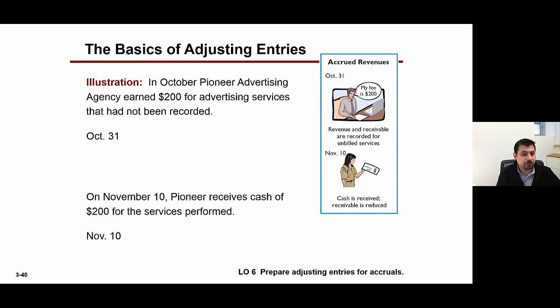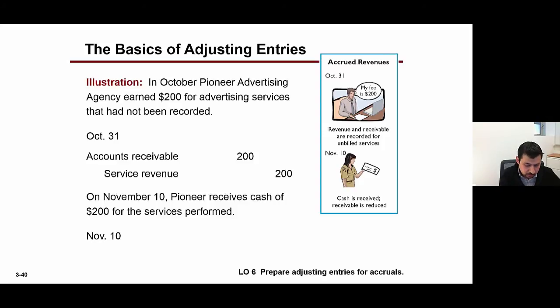Because they provided the services, they earned those $200. Because they haven't received the cash, what happens here is that they provided a service on account. They provided the service without being paid. As a result, the asset accounts receivable is debited $200 and service revenue is credited $200.